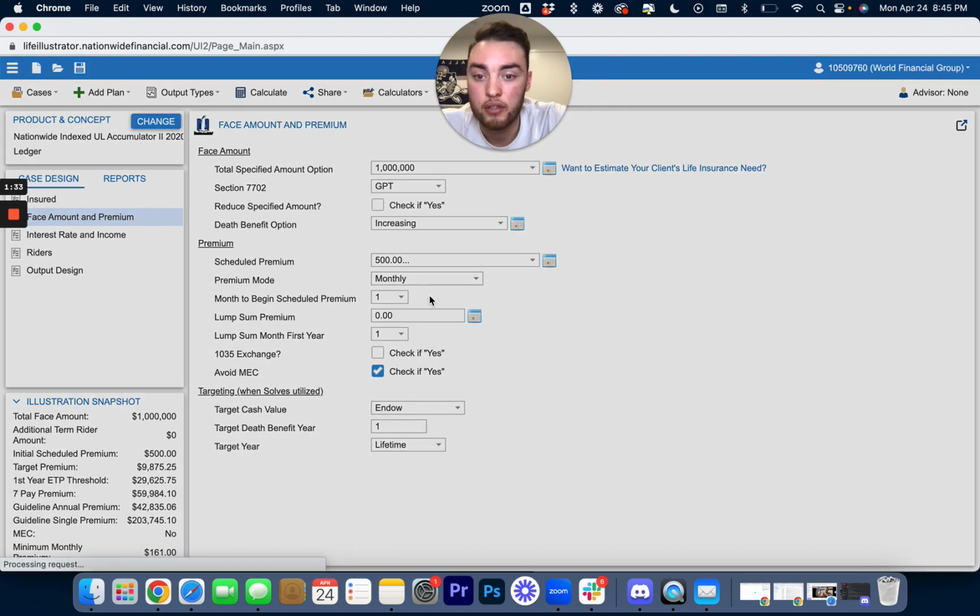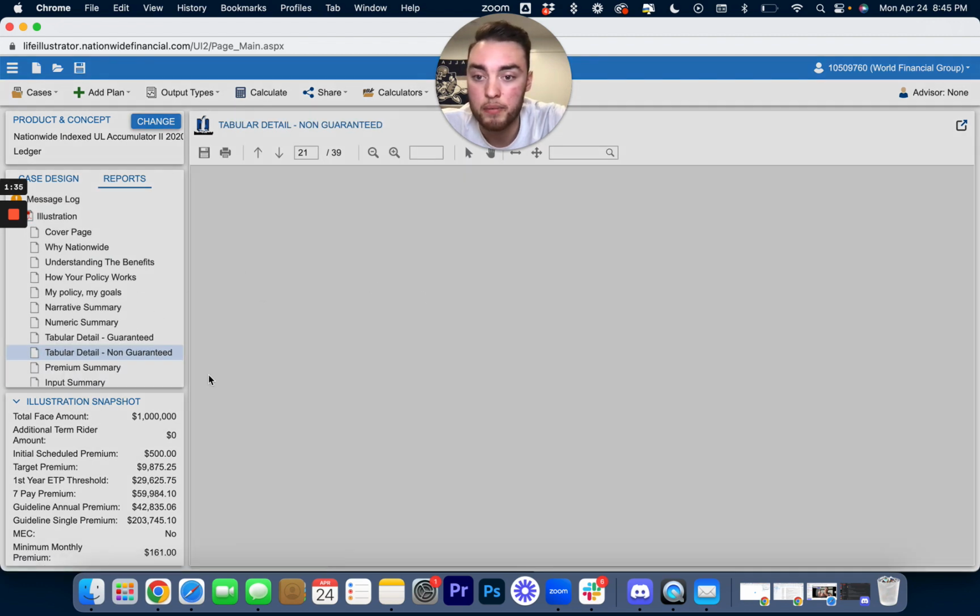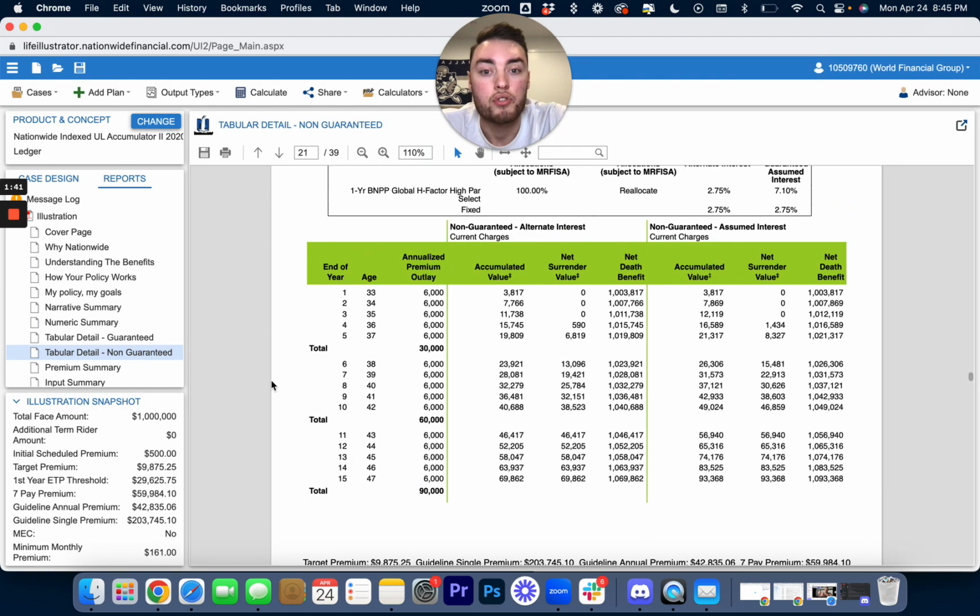So now let's look at the report. Let's look at the numbers in terms of what this policy actually looks like. So the first red flag, just so that you know when a policy is not properly structured, is seeing zeros here. This is the last thing you want to see, zeros in the net surrender value.